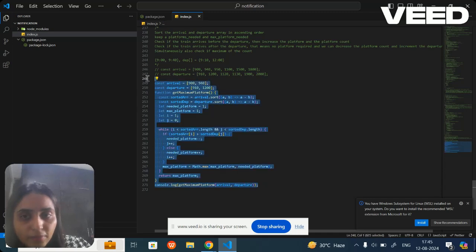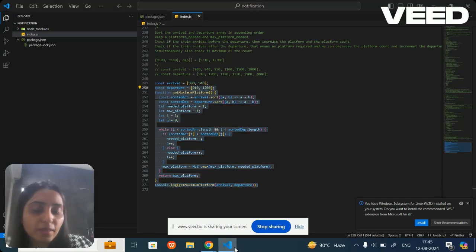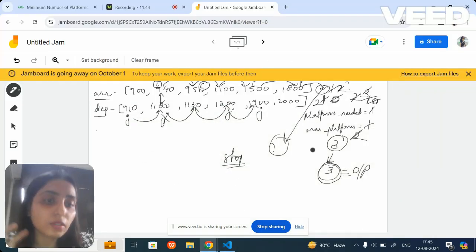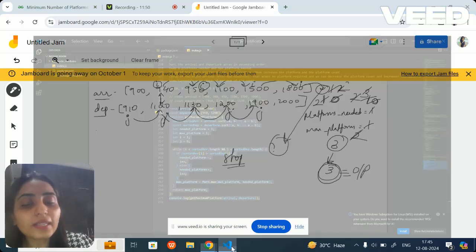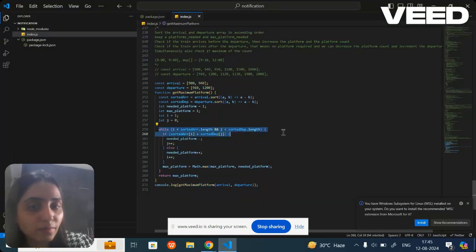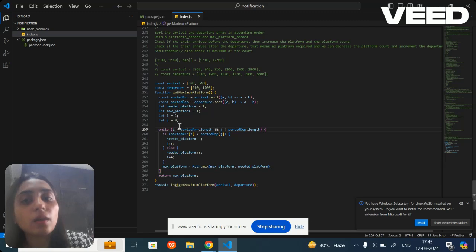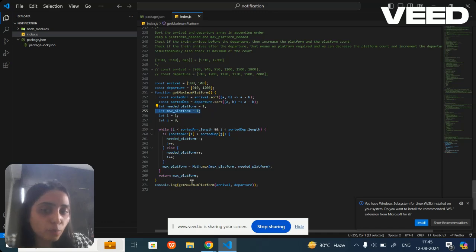So this is the same thing that I have explained over here. This will give us a very low time complexity because we are only iterating once. We only have one loop, and in that one loop we can check both the i and the j indexes, and we can keep a max platform to get the output.